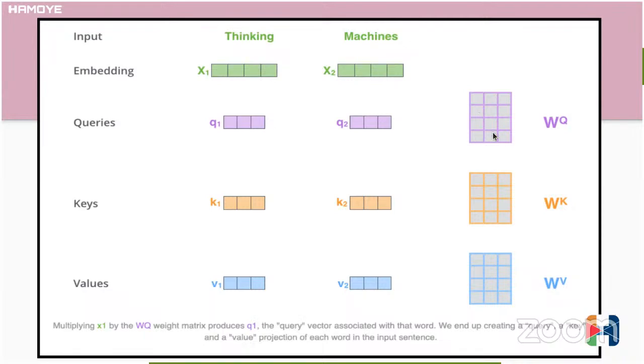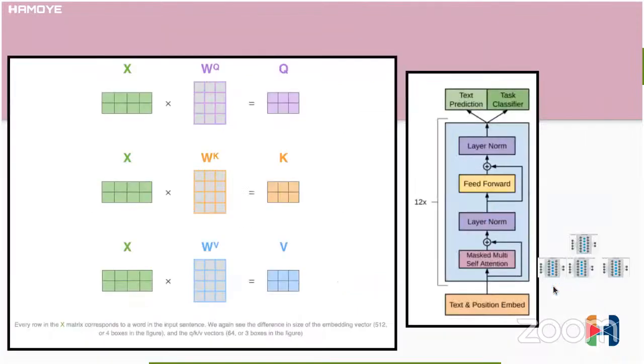So we learn the matrices W_Q, W_K, and W_V. The X matrices are multiplied with the weights of each of those, and we get the Q, K, V for each of them. This speeds up all the multiplications that need to be done if you concatenate all the vectors into matrices.